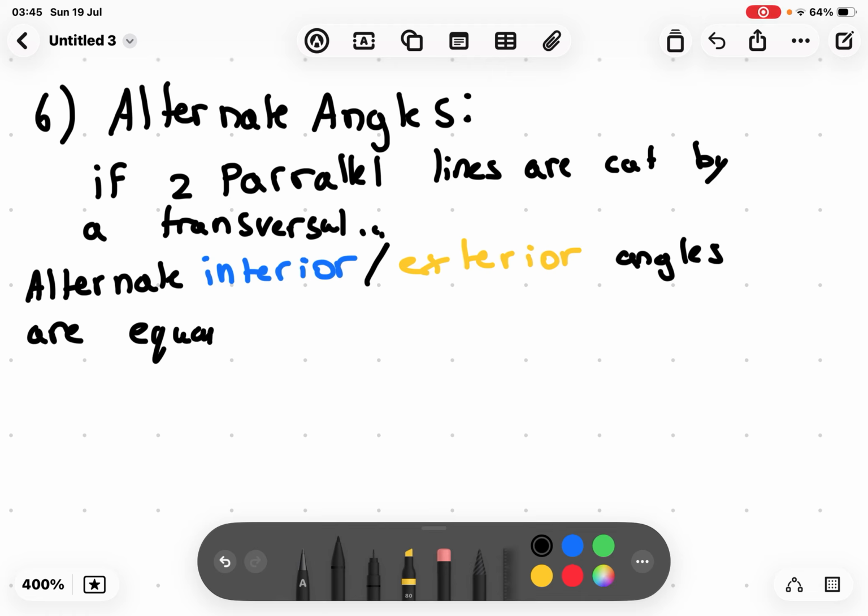What I mean by transversal is, for the interior one, let's say we have the lines and it is cut, right? They're parallel lines, again don't forget parallel. So we have A, B, C, D.